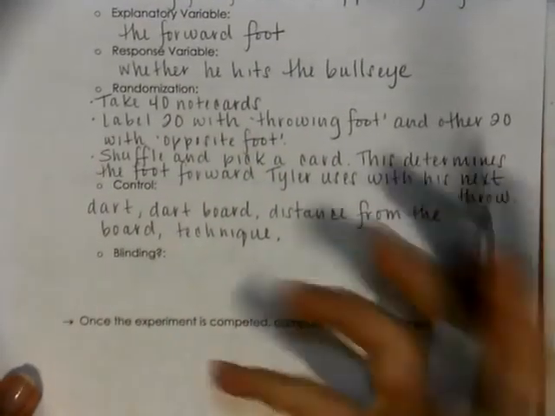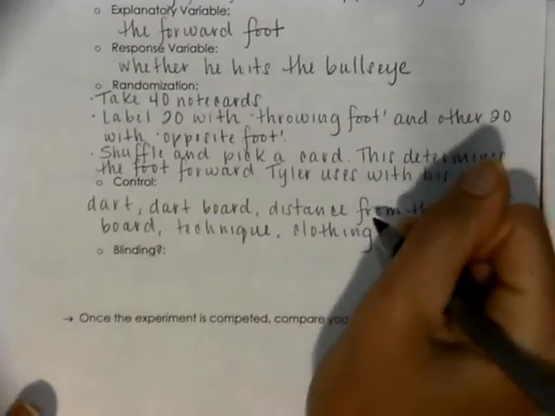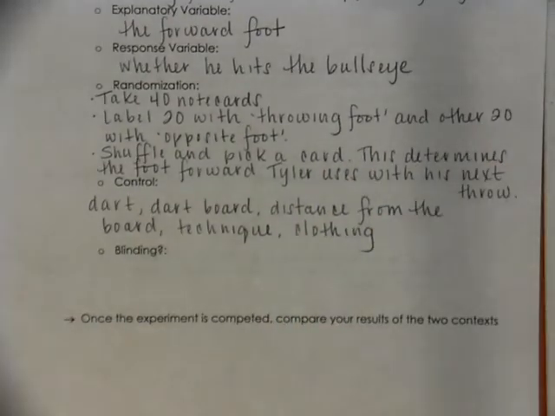You can always control for the clothing you're using, whether you're doing this in a winter jacket or just in a t-shirt, because that could affect your arm throwing or whatnot. Okay, so it's really hard to come up with a bad control. Like I said, the only really wrong one here would be which foot is forward, because that's what we're testing.